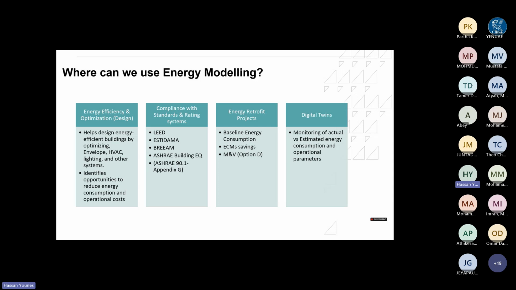When it comes to energy retrofit projects, this is where you actually do have information from that building, whether it's from local meters or from the utility meters. You need to compare your results with the utility meter results and any available meters on site to confirm that the model has been calibrated, which makes it more challenging, because now you can compare to something and it's not just the results of the model.